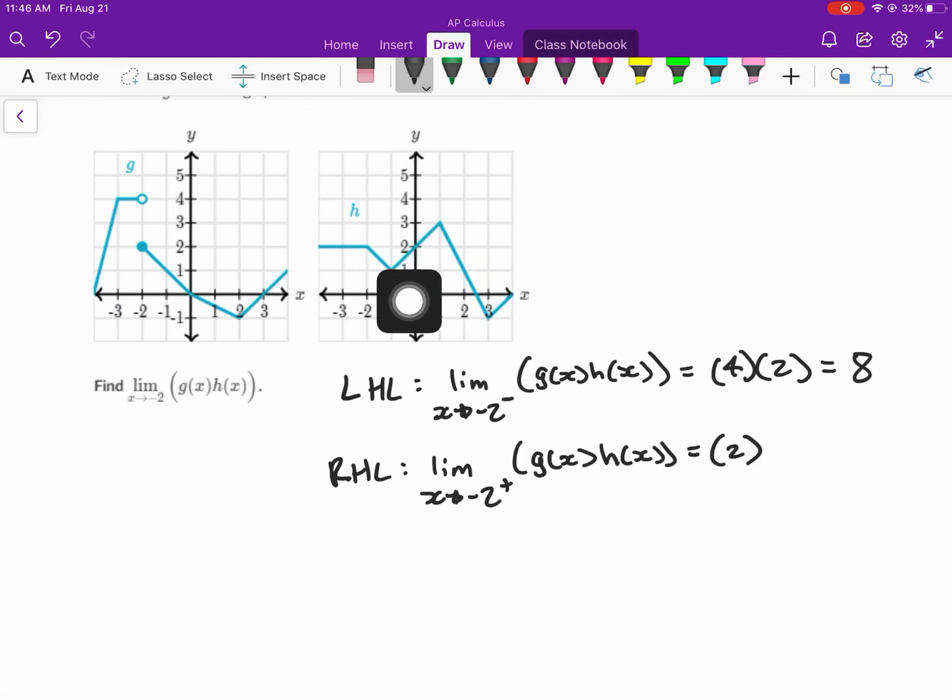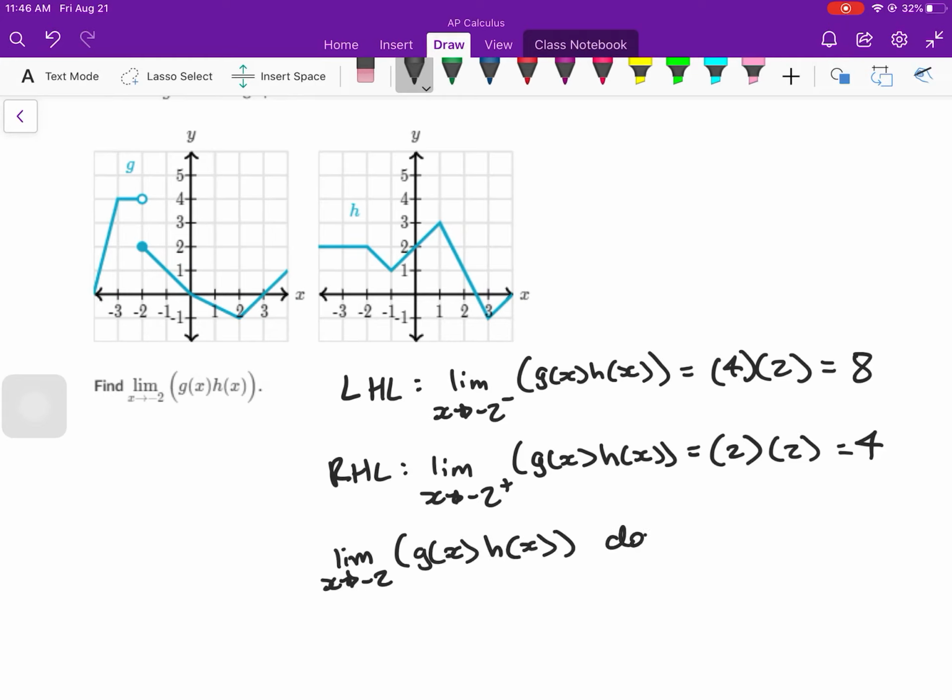And then h of x from the right-hand side is also 2, giving us 4. So this time, the limit as x approaches -2, g of x times h of x does not exist.